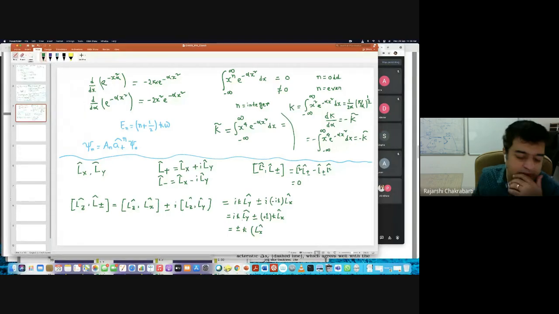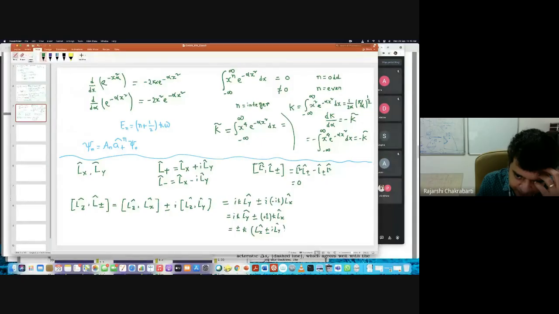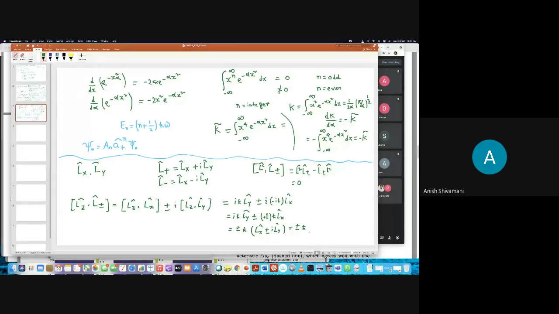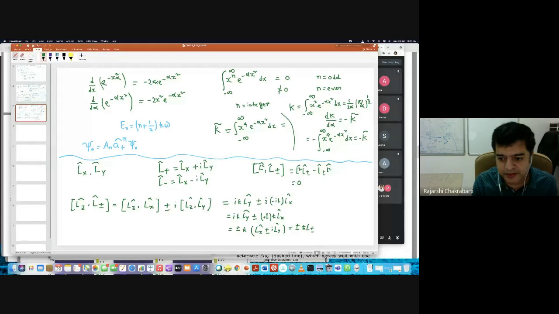If I take plus minus ħ common, I'm going to get plus minus iLY. And what is this, LX plus minus iLY? Tell me what is that? It is L plus minus. This is fine.